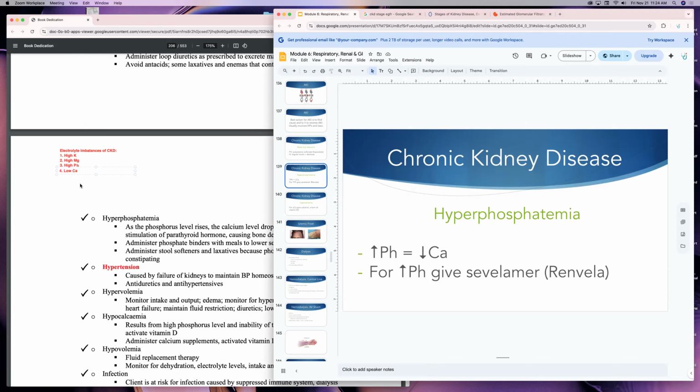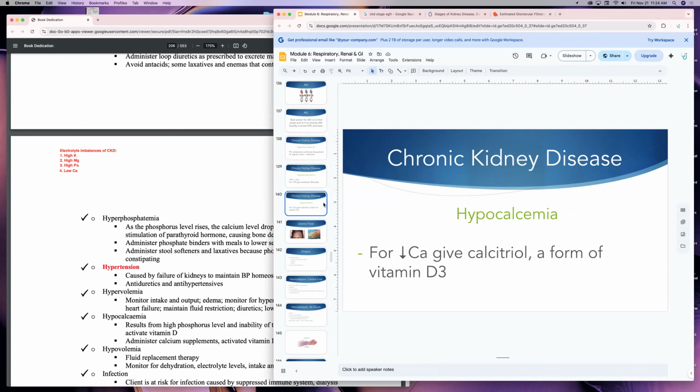So the only low one in the party is calcium. Just remember, in chronic kidney disease, potassium, magnesium, and phosphorus are high, and phosphorus and calcium have an inverse relationship, and so calcium is low. For this hypocalcemia, we give calcitriol, a form of vitamin D3.